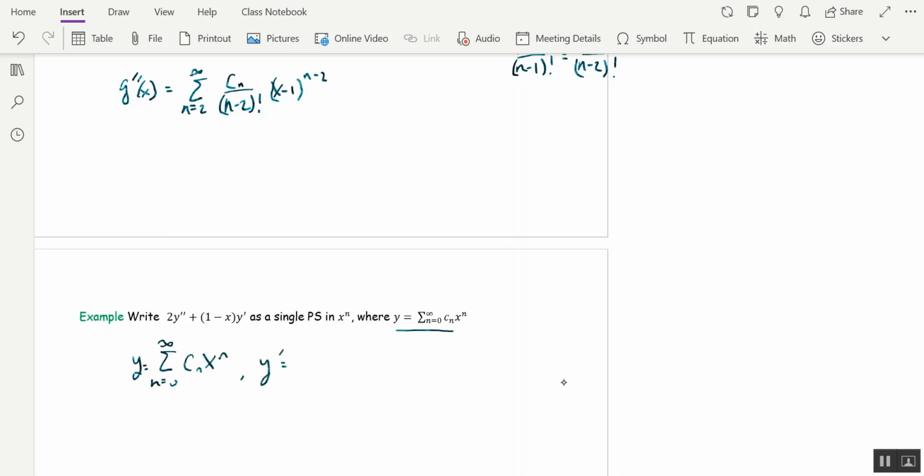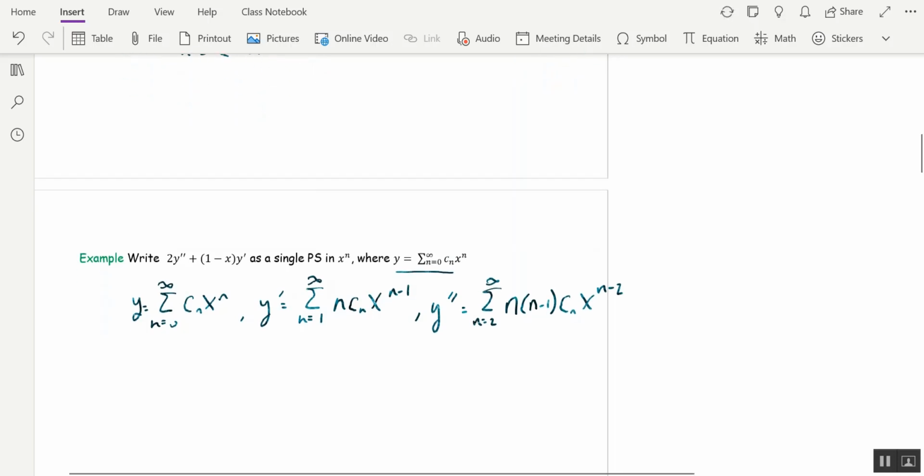Y prime is going to be n equals 1 to infinity, n c_n x to the n minus 1. And y double prime will start at 2 to infinity, n times n minus 1 c_n x to the n minus 2.